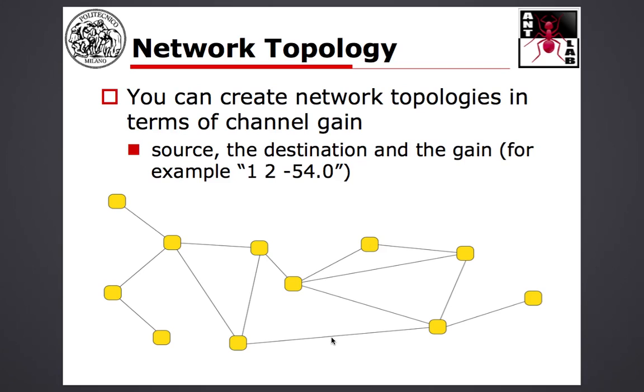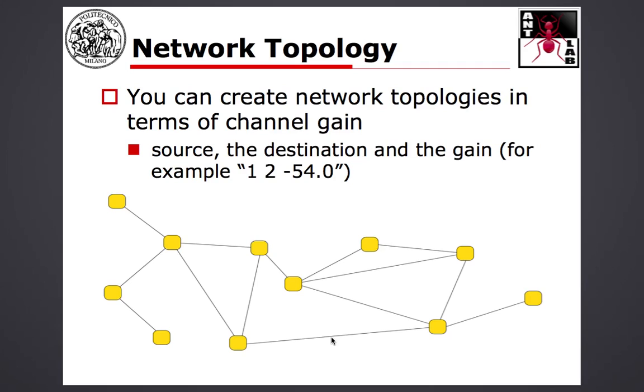So that line, 1 2 -54, means that there's a link between node 1 and node 2, and the received signal strength between node 1 and node 2 is minus 54 decibel milliwatts, okay? Which is actually a good value. Okay? Generally, values from minus 40 to minus 70 are considered good values for a link.